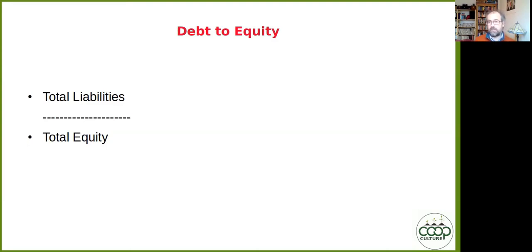It's made up of members' shares, so withdrawable shares in a society, or share capital in a cooperative company, and the retained earnings of the society. So all of the result of all the trading that the co-op or community business has done since it started. So we get the total liabilities and we divide that by the total equity.